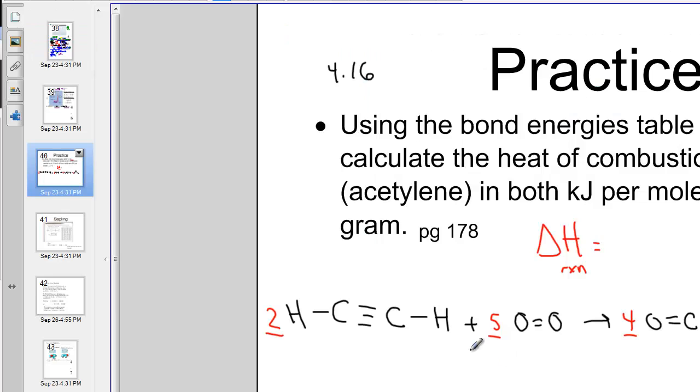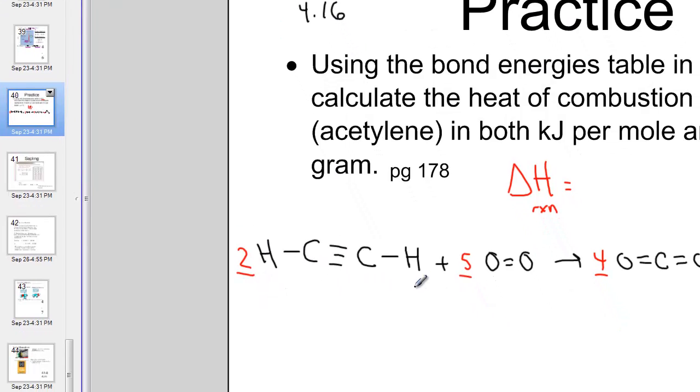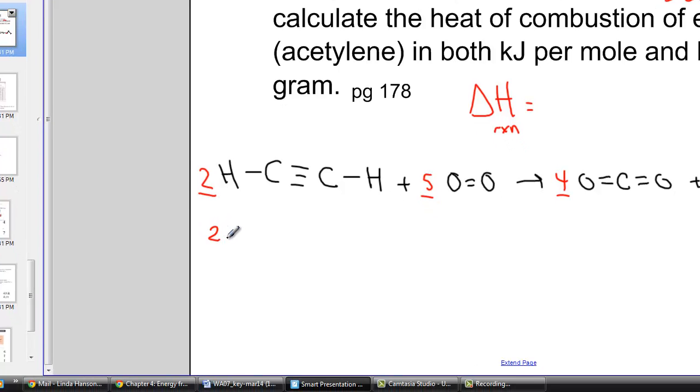So we need to look up the following bonds. In this molecule, there are 2 H single bond C's. See them? H single bond C, H single bond C. Since there's 2 overall, we're going to carry that through with the coefficient.